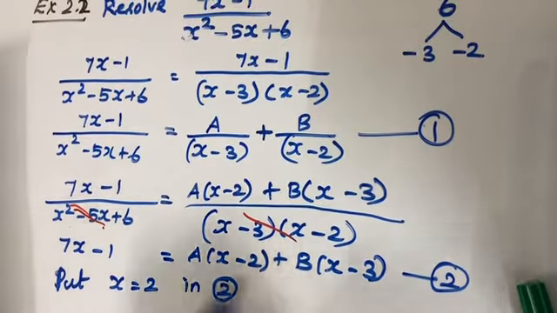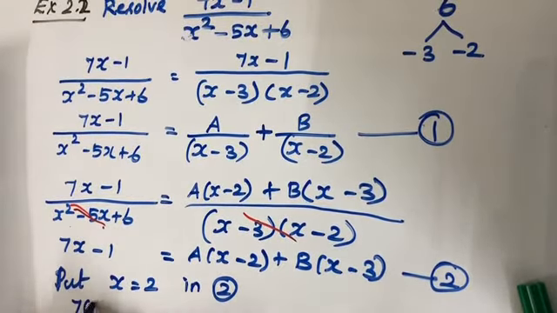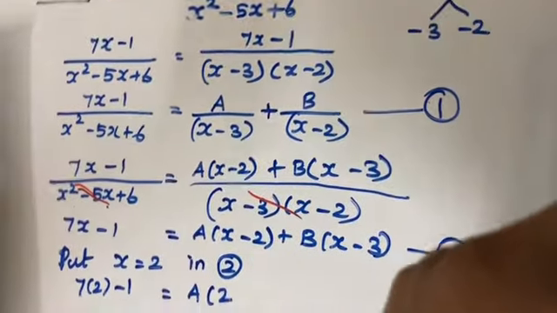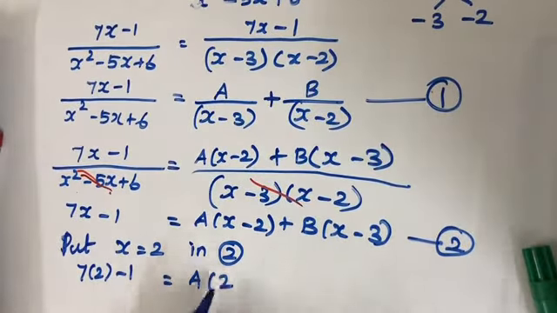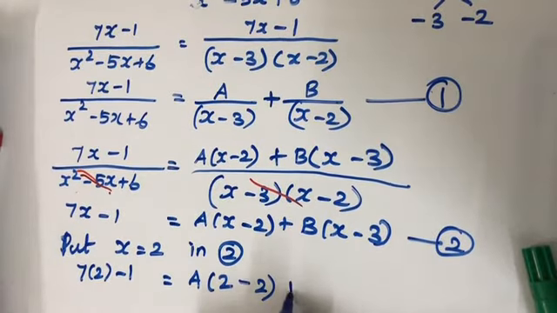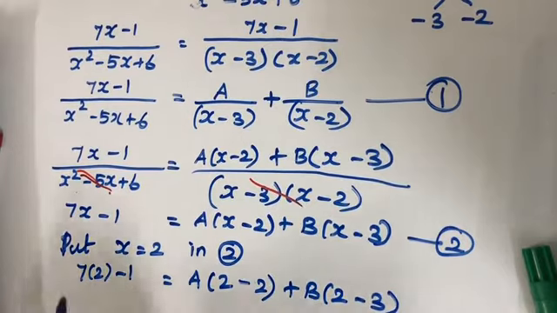What do you get? 7 into 2 minus 1 is equal to A into 2 minus 2 plus B into 2 minus 3. So here 14 minus 1, it is 13.